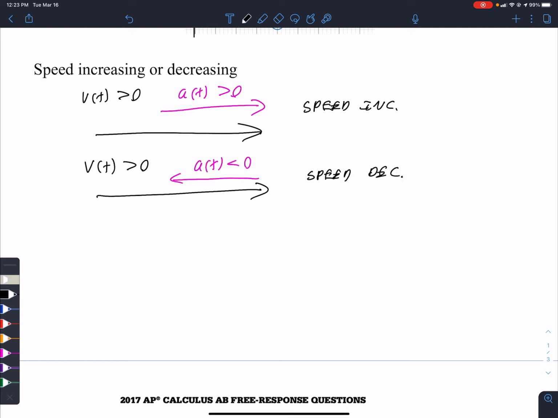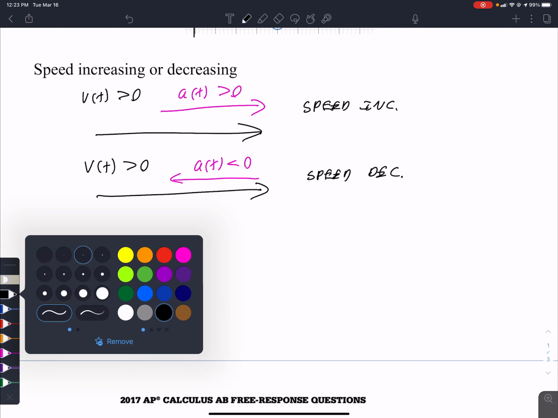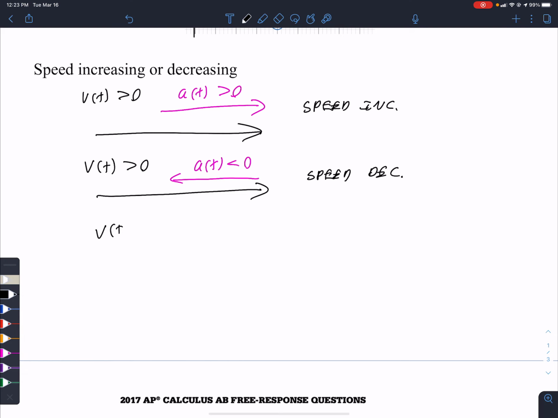Okay, we have 2 more examples we're going to do. The next one, if your velocity is negative, so we'll say you're moving to the left, and your acceleration is positive, that means you're accelerating to the right. Well, if you're trying to move this way, but you're accelerating the opposite direction, obviously you're going to slow down and your speed will decrease.